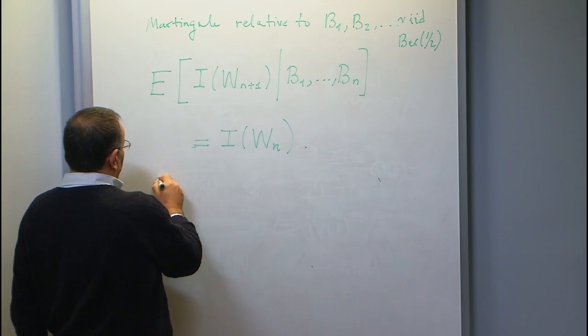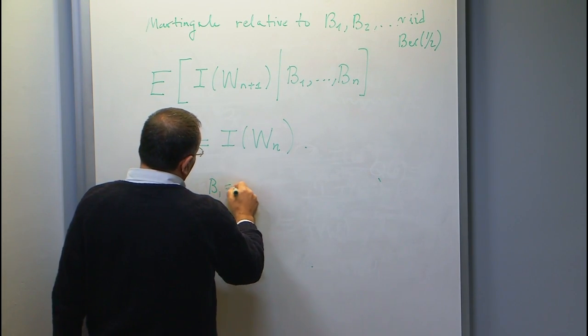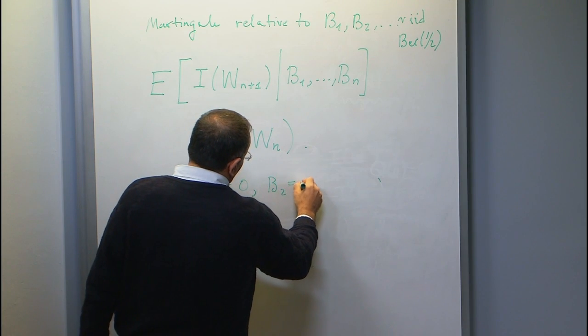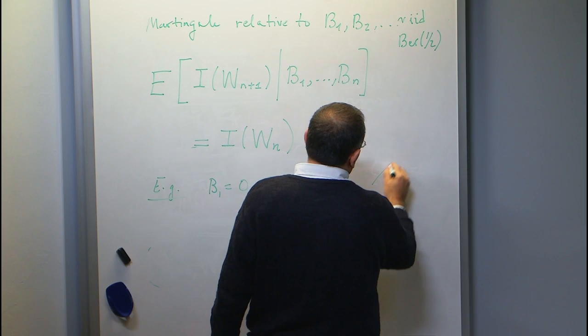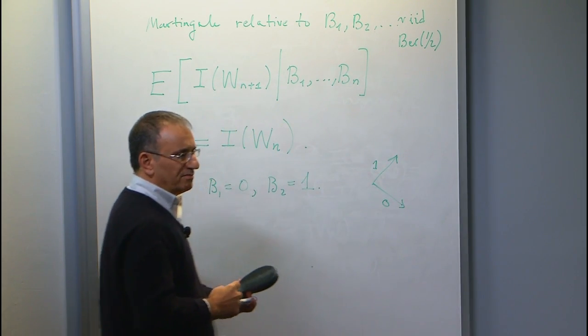So for example, let's do a very small example. Say B1 equals 0 and B2 equals 1. And let's suppose that 1 means we go up and 0 means we go down.